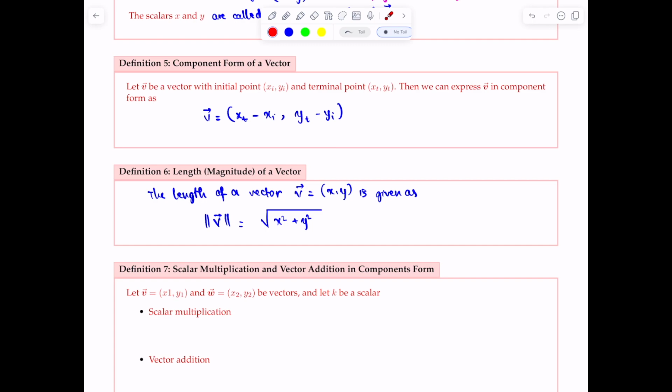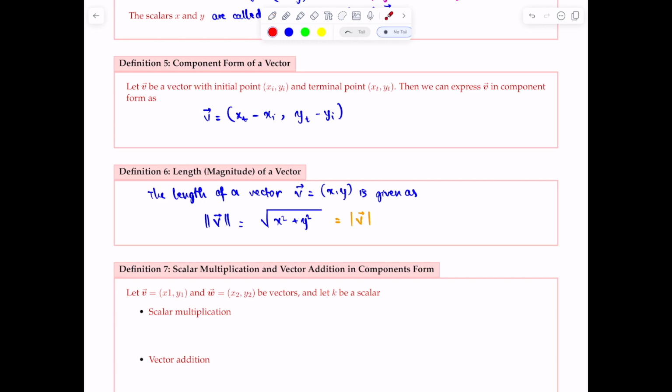Sometimes you can see they use the absolute value notation to indicate the length or the magnitude. When this is written together with a vector, it indicates the magnitude. If the absolute value goes with just a letter without the arrow on top, that is an absolute value. So hopefully you can see the difference.